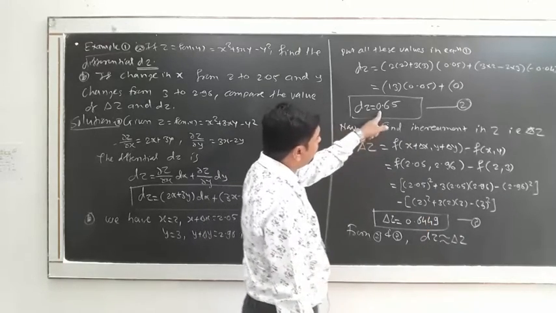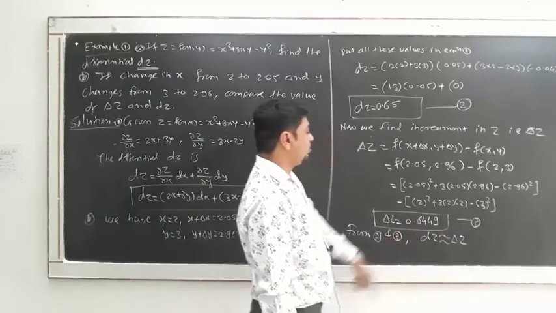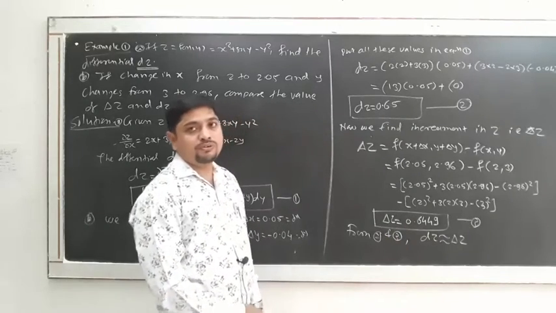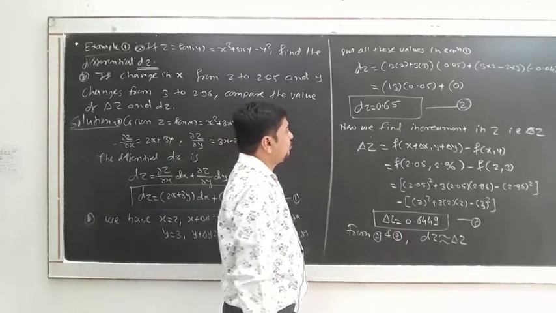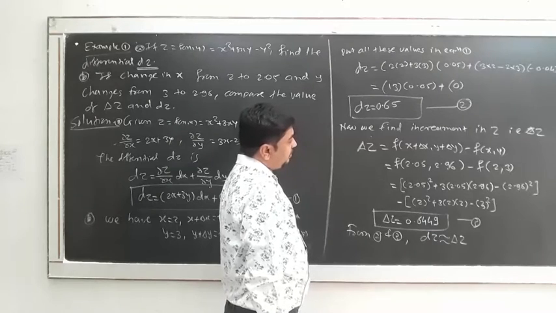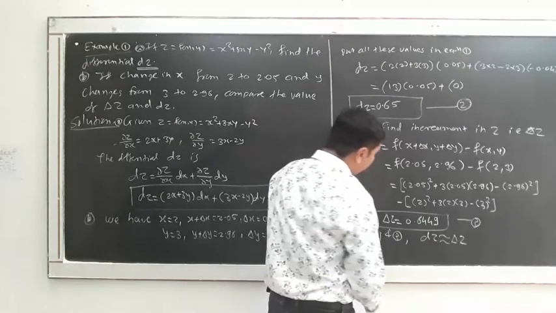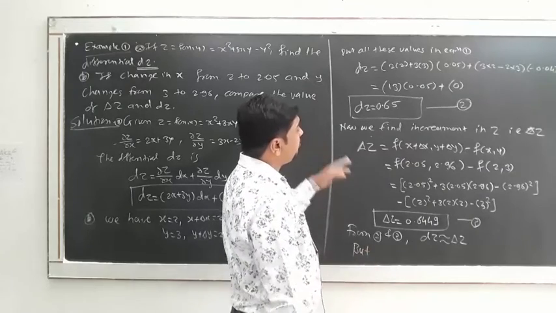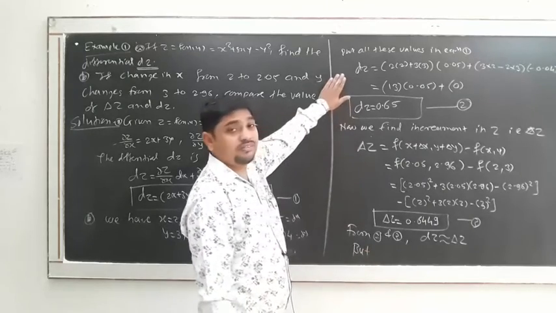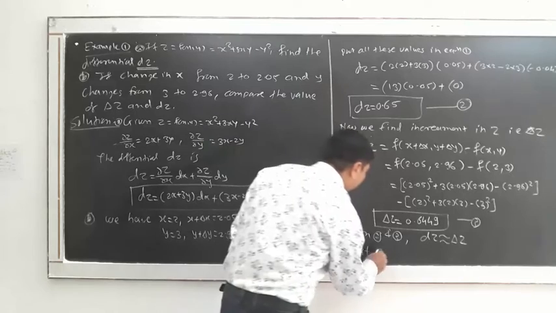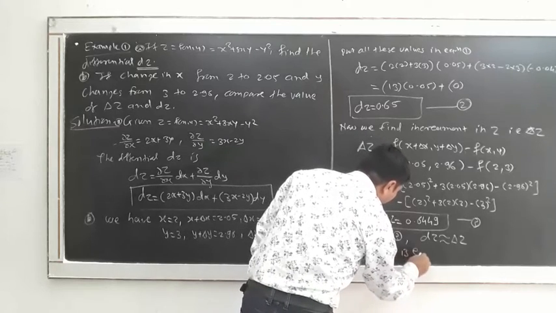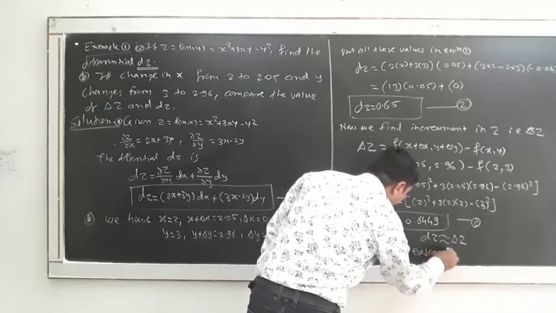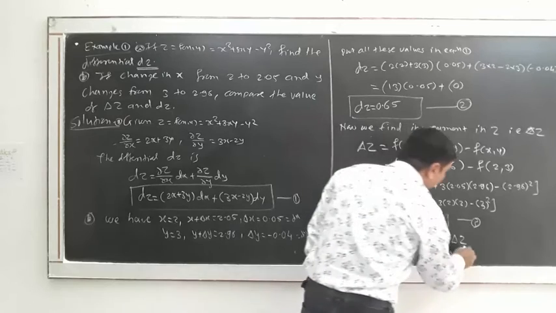It is 0.65, and this is again near about 0.65. But which one is easy for calculation? I think dz is easier to compute.